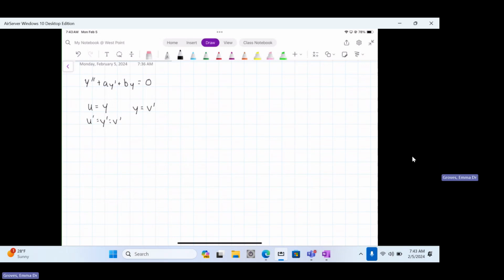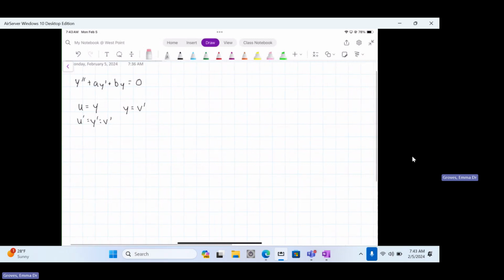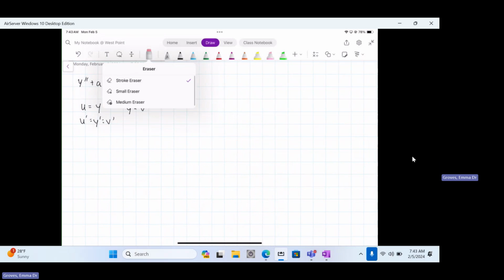Perfect. And then, sorry, I wrote this wrong. I should have said v equals y prime. I flipped my primes. Let me fix that. So v was y prime, which means that v prime is y double prime. But from our equation, what do we know y double prime equals?